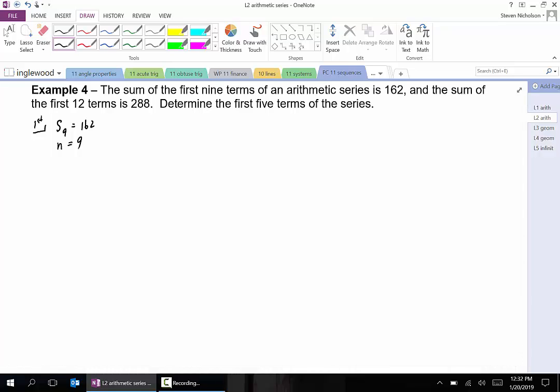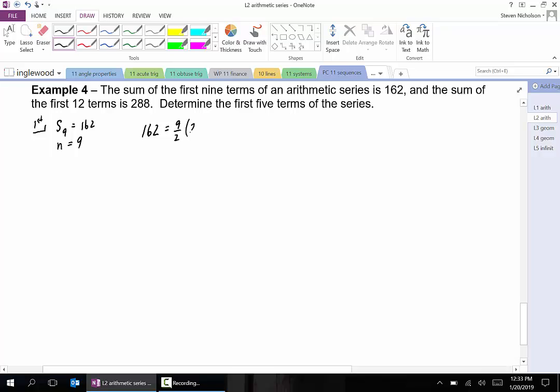We don't know T1, and we don't know T9. So there's not a lot of information we can write there, other than plug the numbers into one of the formulas. So it might not be obvious right now, but here's the formula I'm going to use. I'm going to use the second formula.